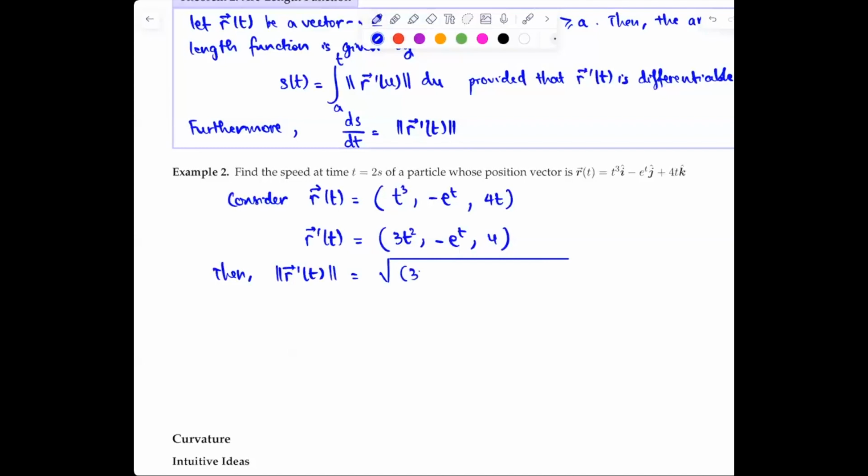So you have 3t squared, all squared, plus negative e to the t, squared, plus 4 squared. This is equal to the square root of 9t to the 4th plus e to the 2t plus 16.